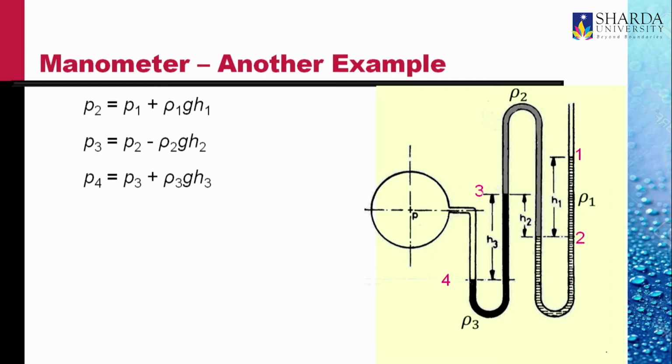And so pressure in this middle limb at the level of point 3 would be the same as pressure at 3. The pressure at 3 is lower than pressure at 2 by an amount rho 2 GH2. So P3 can be written as P2 minus rho 2 GH2. Now point 3 is above point 4. So pressure at point 4 is P3 plus rho 3 GH3.